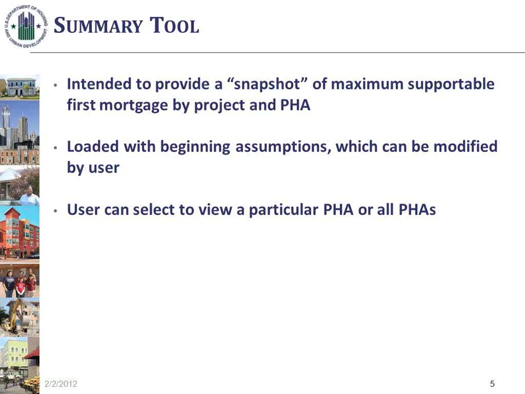One of the things that PHAs and lenders and field office directors and SMEs have asked is whether there is any way to do a run to see how much first mortgage debt can be generated across PHAs or across portfolios.